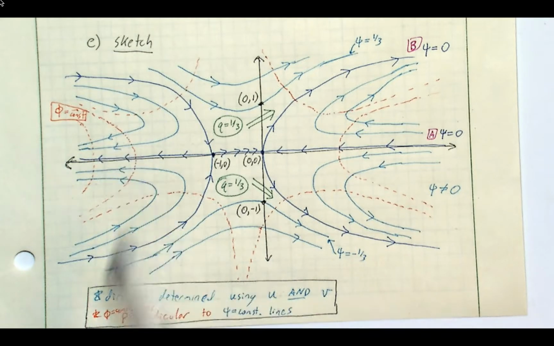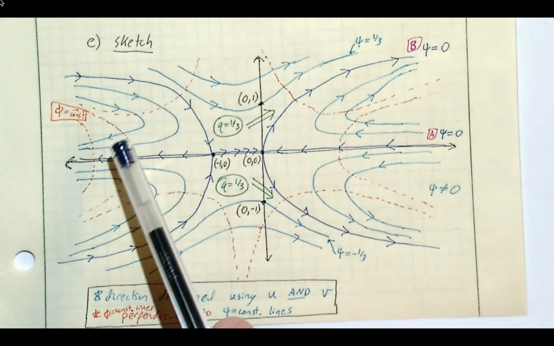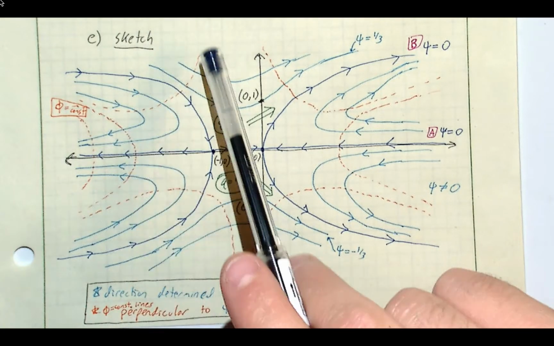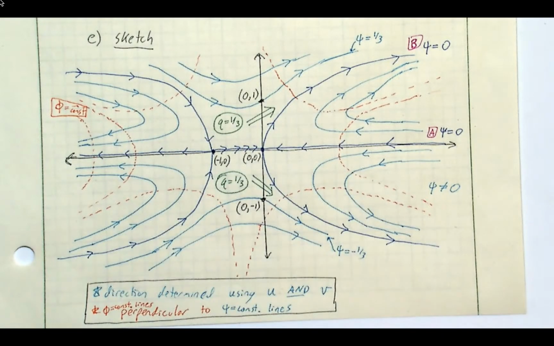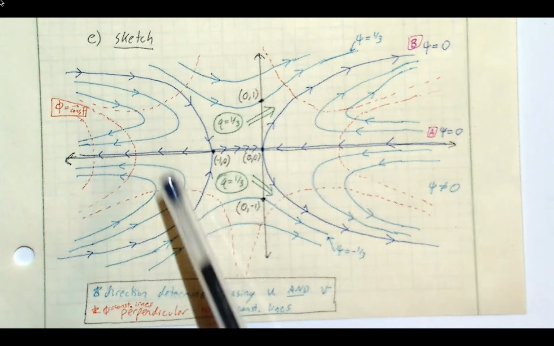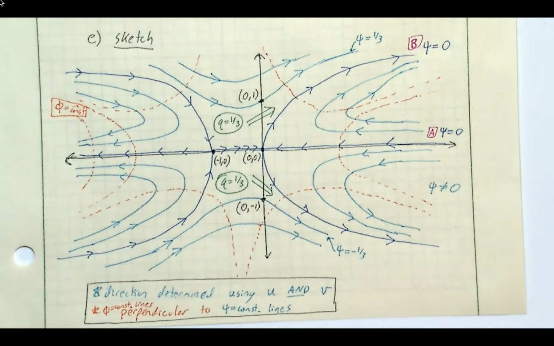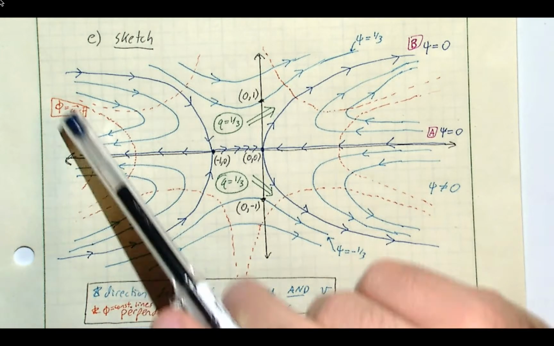Let's see. We also have drawn on here in the orange dashed lines our velocity potentials. If you plot this with plotting software, it looks something like this. But the way it works is that these velocity potential equals constant lines must be perpendicular to our streamlines. Right? So these are our equal potential lines, and these are our streamlines. And they just work like this.